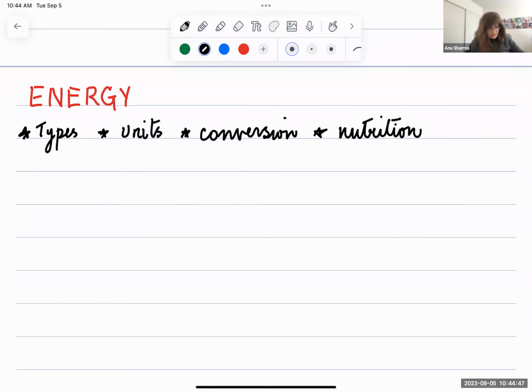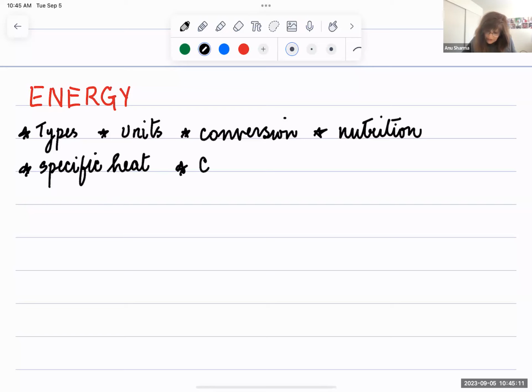Then comes specific heat, which is also a physical property of substances, and then all the calculations that relate to specific heat. So more like Chem 1A stuff.